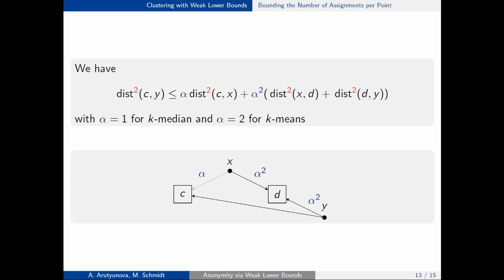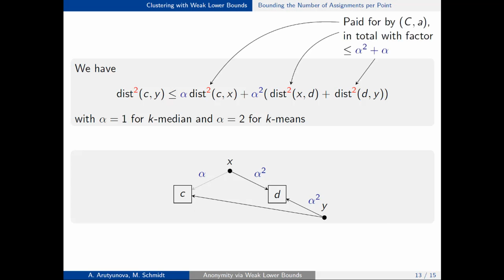We then take the sum over all newly established connections, so connections which are depicted in this picture where a point y, which is previously assigned to only one center, is then assigned to the currently processed center C to maintain the lower bound at C. And as we mentioned, we can upper bound this by these three distances here with the respective factors.